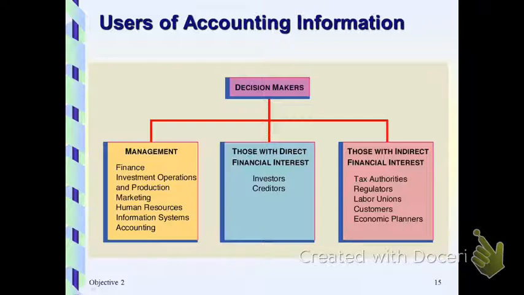Management, and these are all the different internal folks within management. And then outside users with a direct financial interest, and outside users with an indirect financial interest. So as we mentioned before, there are 2 main groups of decision makers. The internal are under the management area, and then the external fall into external direct and external indirect.